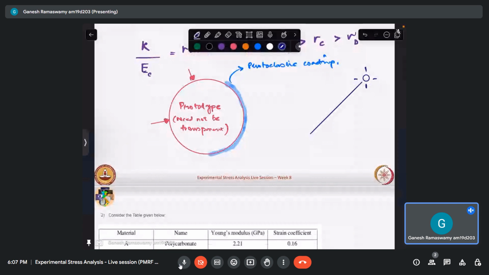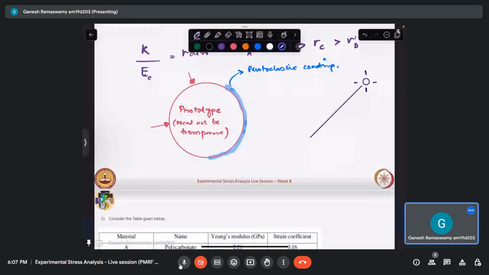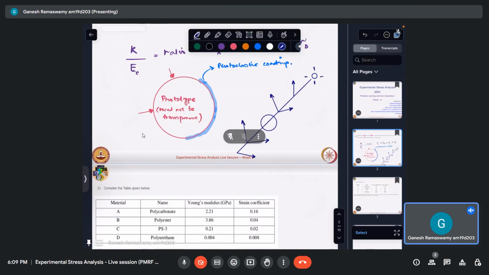So we used to have a polarizer, and then we have the analyzer and quarter wave plate like that. We had the specimen here. So we used to have it like this.